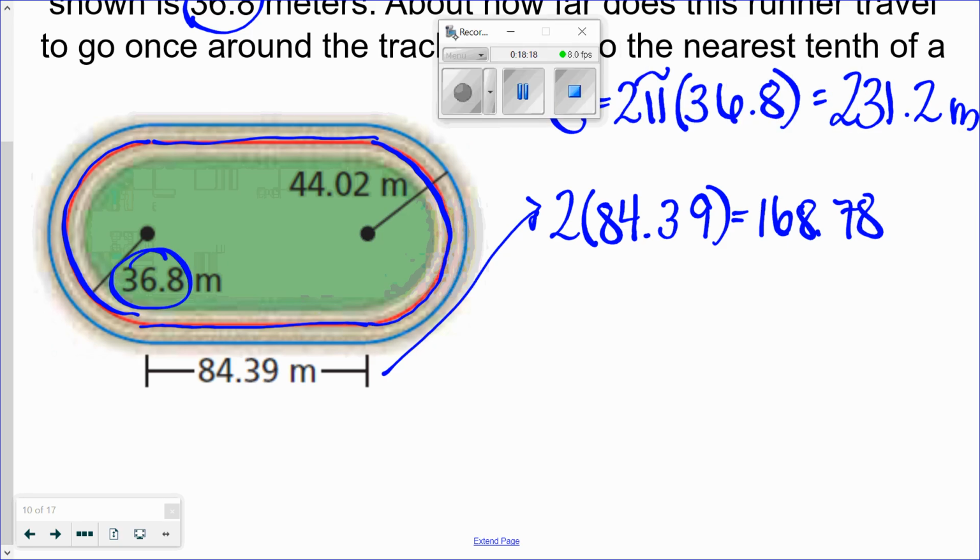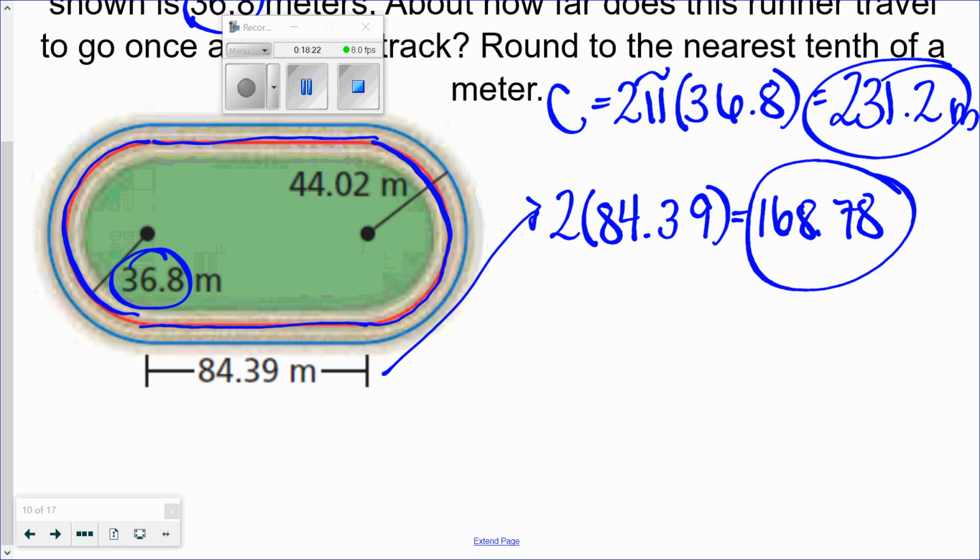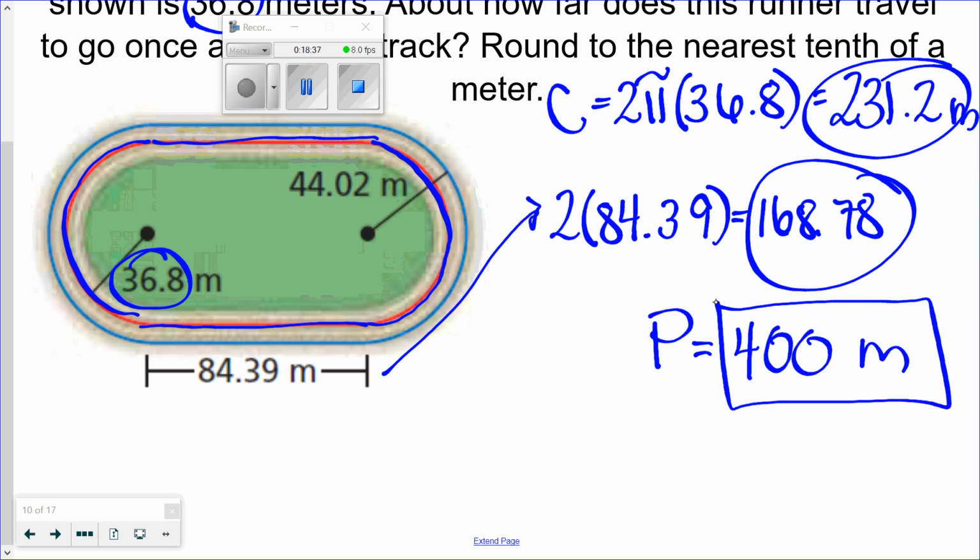So now we're going to take our curved part and add it to our straight part. And that will give us basically a perimeter of 400 meters, which makes sense because one time around the track, they call that the 400.